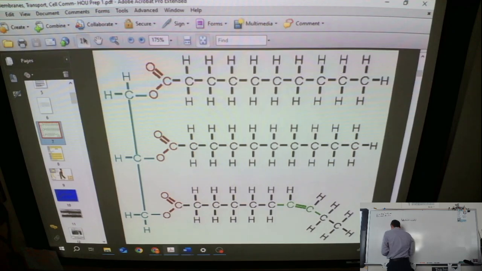And then if I had another layer of phospholipids, we saw that they went across the top like that. And again, I'm being lazy. Every other one of these tails is typically going to be unsaturated.